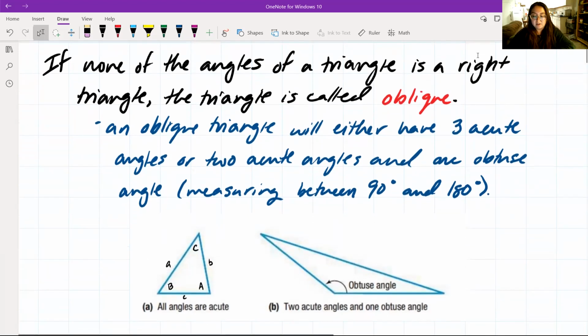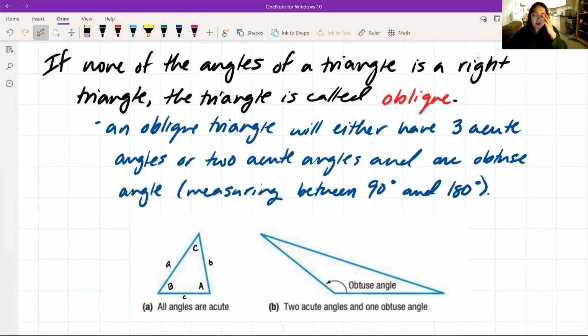An oblique triangle will either have three acute angles, so three angles that are less than 90 degrees, or two acute angles and one obtuse angle. An obtuse angle is an angle that measures between 90 degrees and 180 degrees. So this is going to be one very wide angle and two very small acute angles.